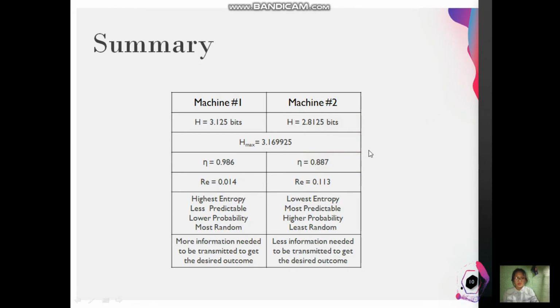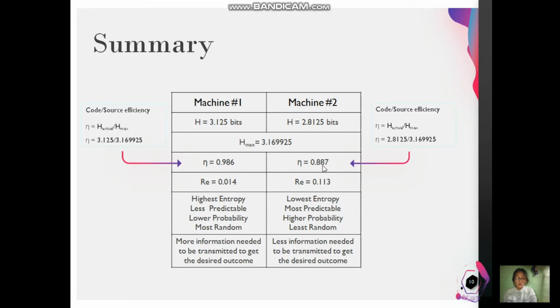Next, for machine number 1, code efficiency is 0.986. And for machine number 2, it is 0.887. How did we get this? We simply use this formula: divide the actual value of the entropy by the maximum entropy.